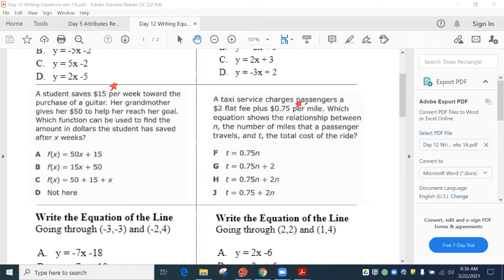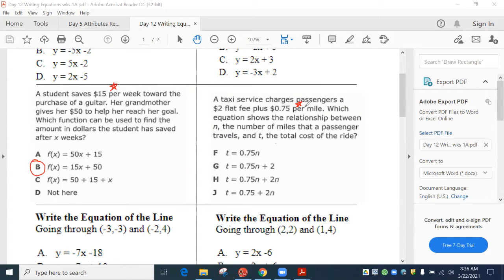And so the $15 per week means that 15 is my slope. So I'm looking for an answer that has 15 in front of X. And so at that point, there's only one that has 15 in front of X, and that's B on this one.